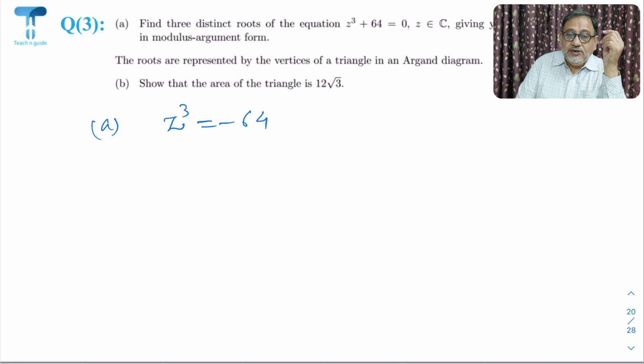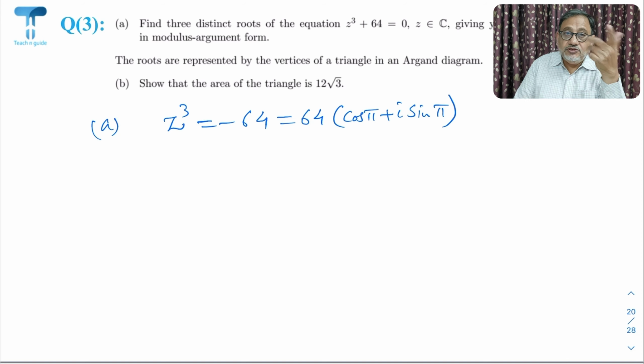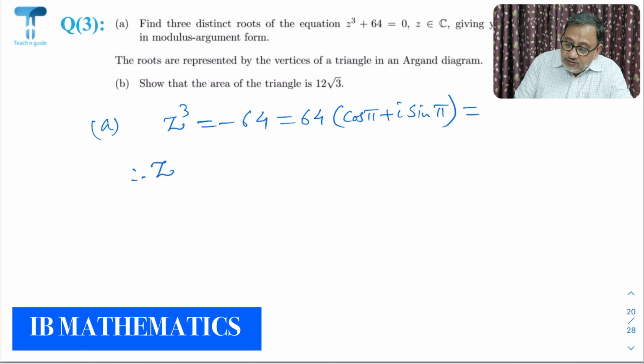So I will write it as 64 cos pi plus i sin pi, isn't it? Because sin pi will be 0 and there will be no imaginary part. So therefore z will be, and I can write it in the form of cis pi.